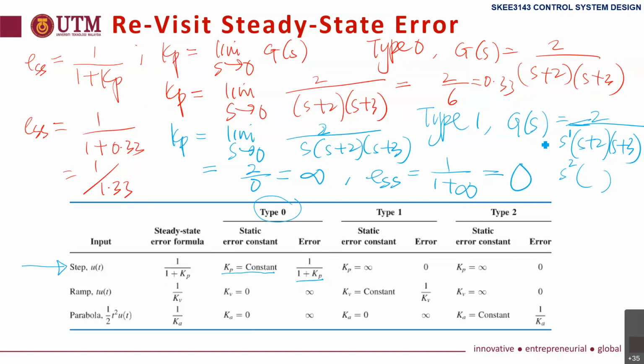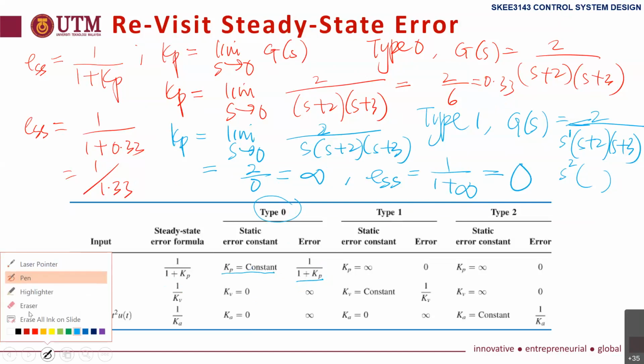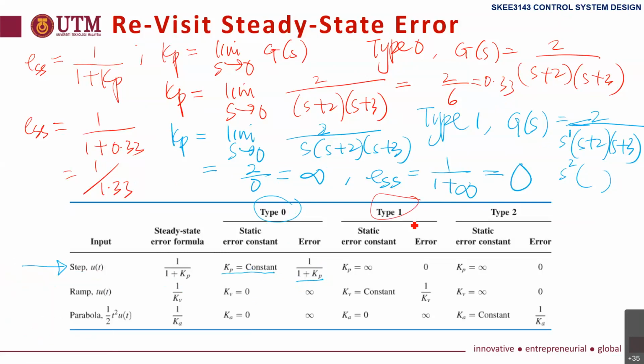When system type 1, Kp is infinity, as shown here. Why infinity? Because there is an s. Subsequently, the error will be 0. Similarly, for type 2, Kp is infinity, error 0.